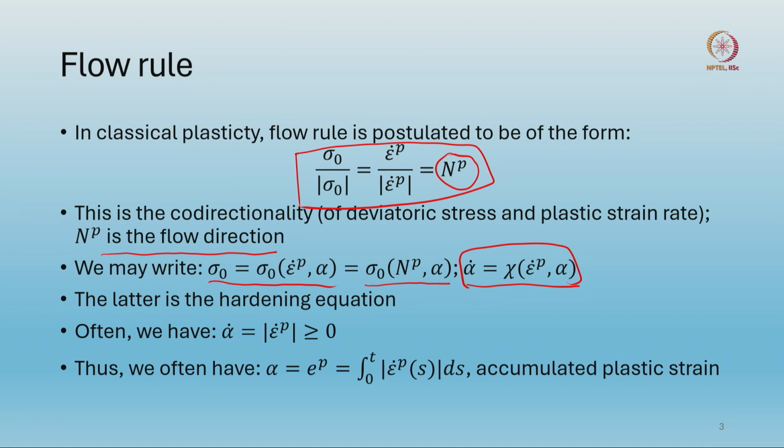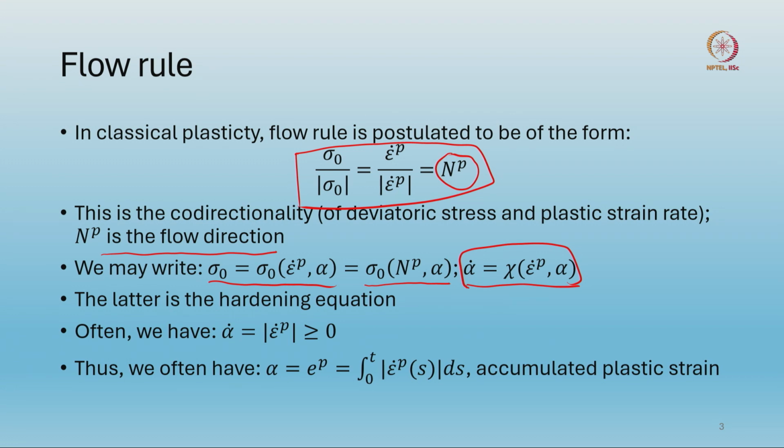All right. Slowly we will see how all this unfolds. In many cases, we need to at some stage relate this hardening variable alpha with the plastic strain rate. Otherwise, the evolution of the hardening variable alpha will be happening in a completely independent way with respect to the plastic strain rate, and you will be getting wrong results.